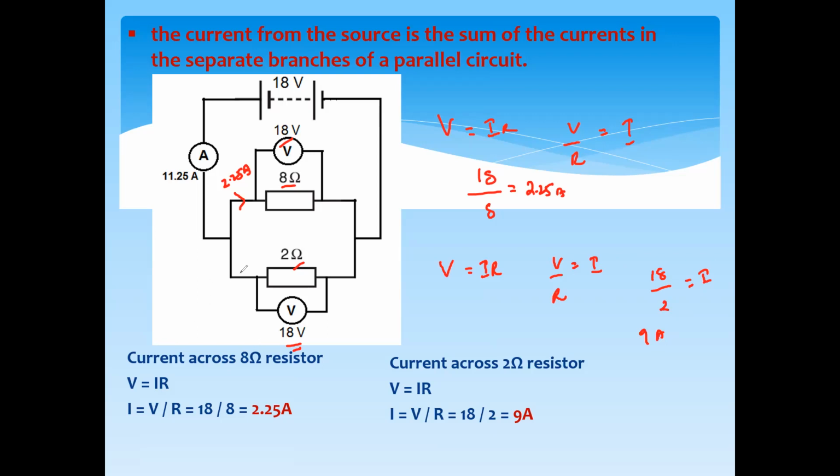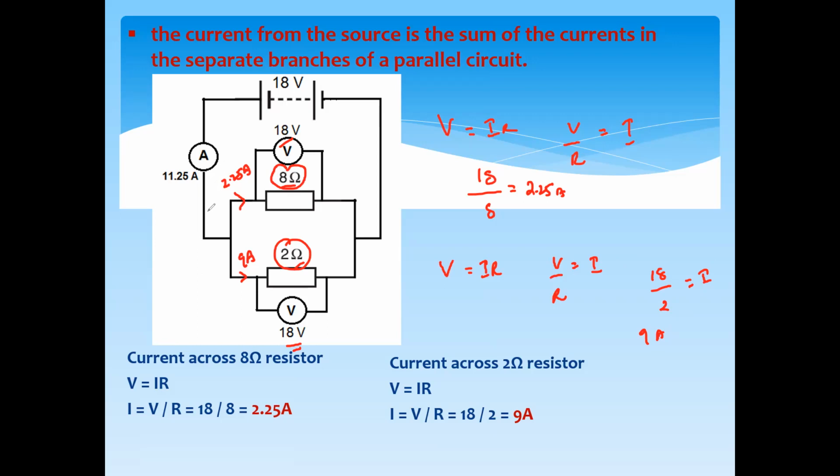It means 9 ampere will flow through this one. So you can clearly see that if two resistors are in parallel, the one with high resistance has a smaller amount of current flowing through it. The one with low resistance has a greater amount of current, because less resistance means charges can flow easily, so it has a higher current.